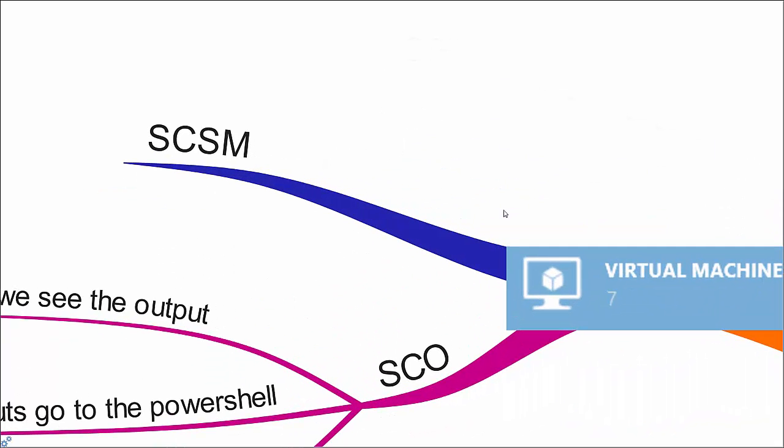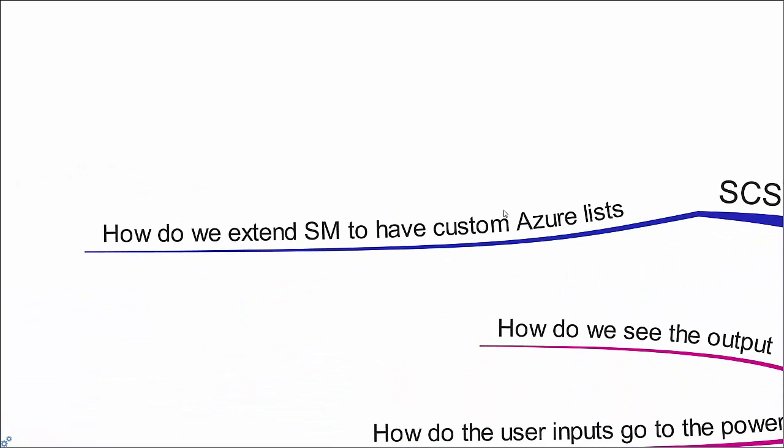And then from a Service Manager perspective, I want to see how we extend Service Manager to have custom Azure lists. Like I was saying at the start, when you go to deploy a VM, there are lots of questions that can be asked.